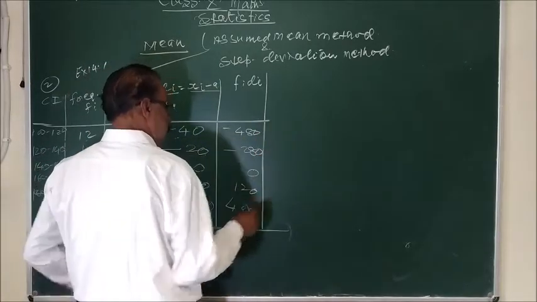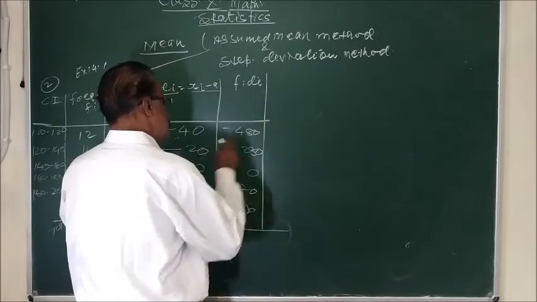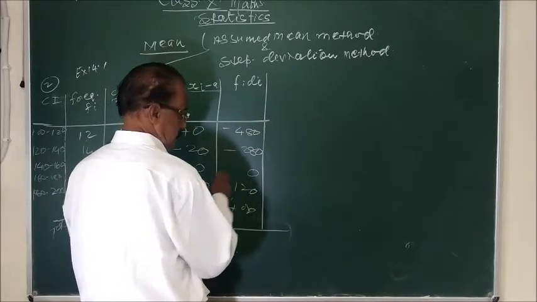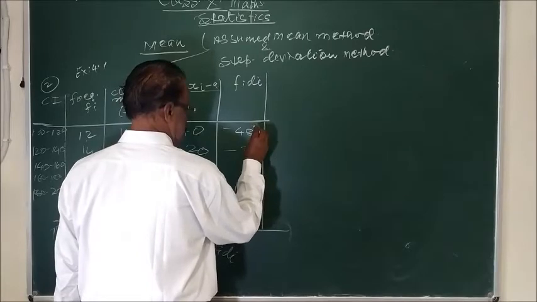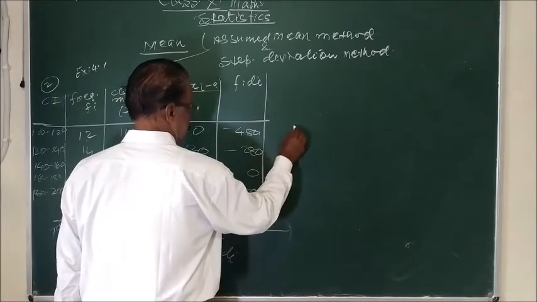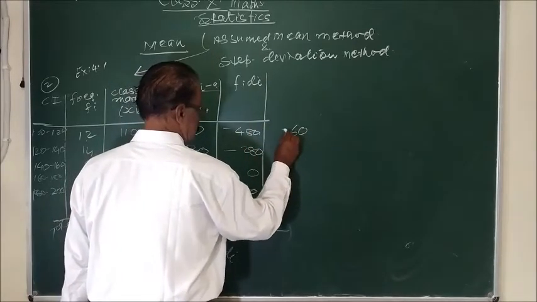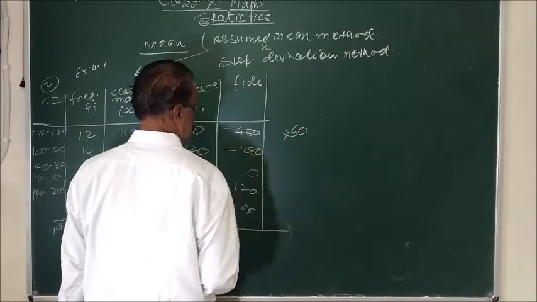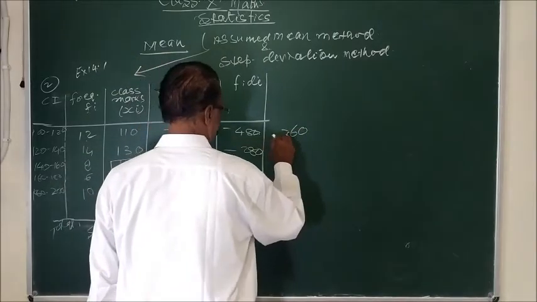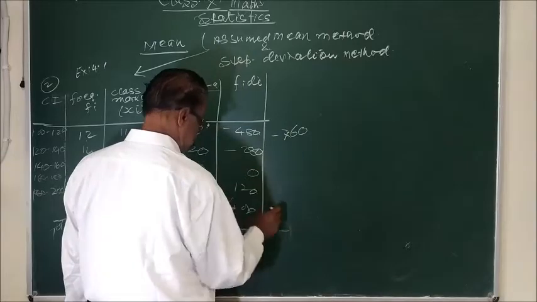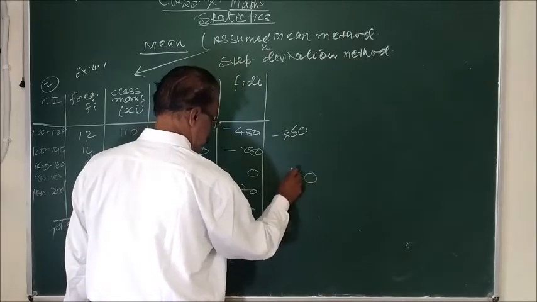For all the negative terms, you find the sum and put a minus sign. The sum of the negatives is minus 760, and the positive terms are 0, 120 and 400.